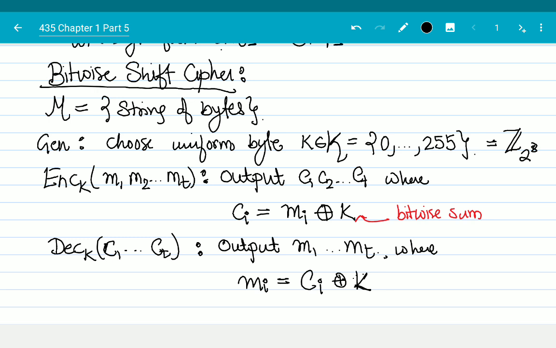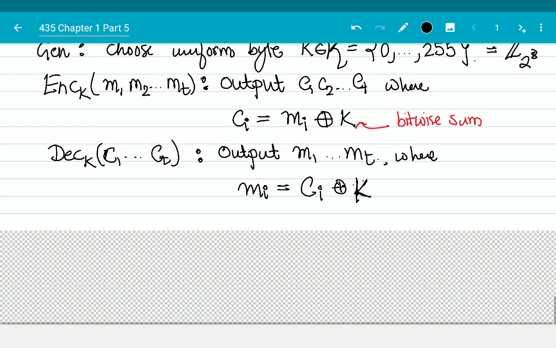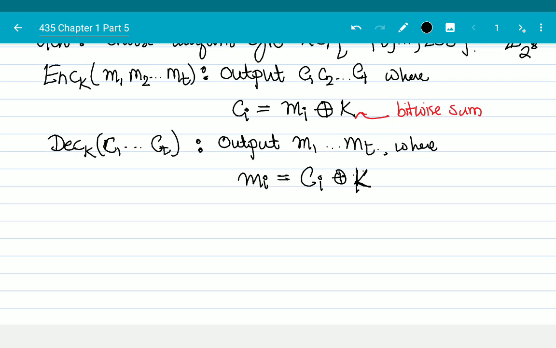Okay, now, before we get to an example, let me just say this. Is this secure?